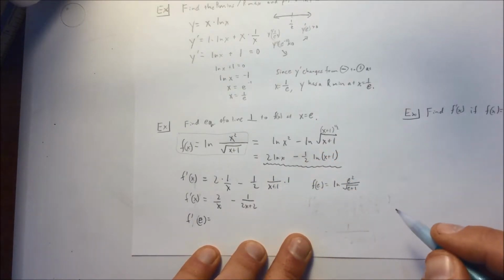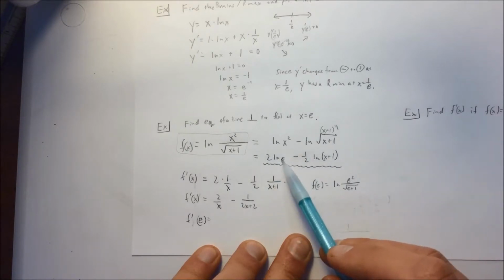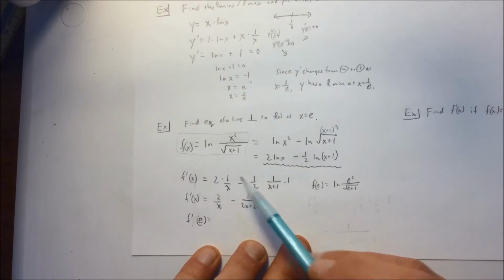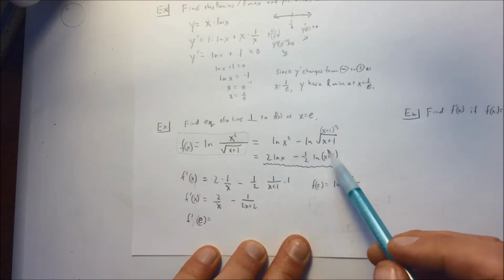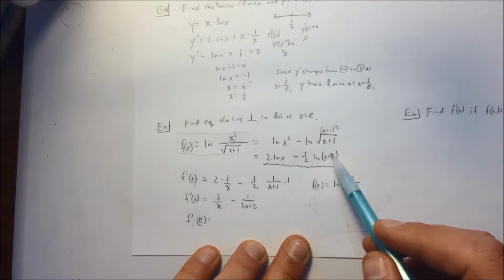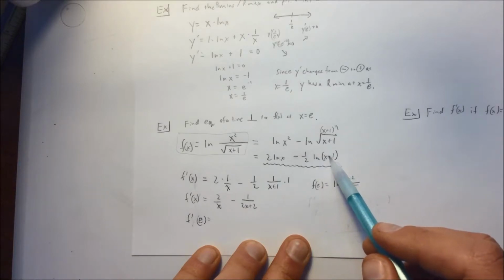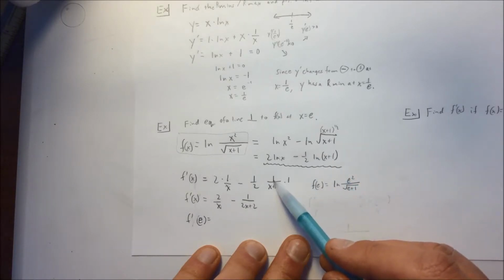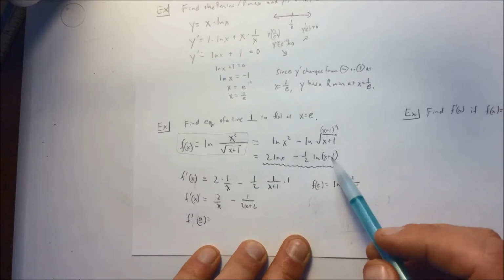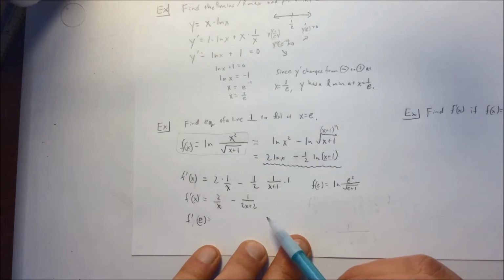So this right here is much, much easier to derive. 2 times the natural log of x, well, the derivative of the natural log of x is just 1 over x. Then 1/2 times the derivative of the natural log of x plus 1, which is just 1 over x plus 1. Then we've got the chain rule, take the derivative of the inside, 2, times 1.